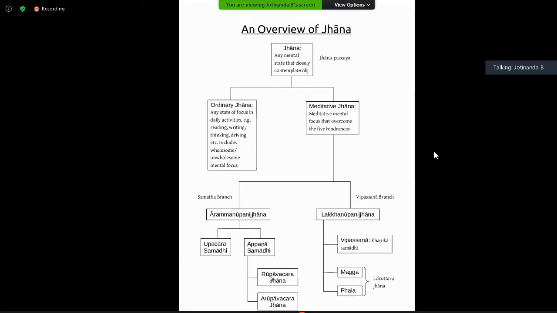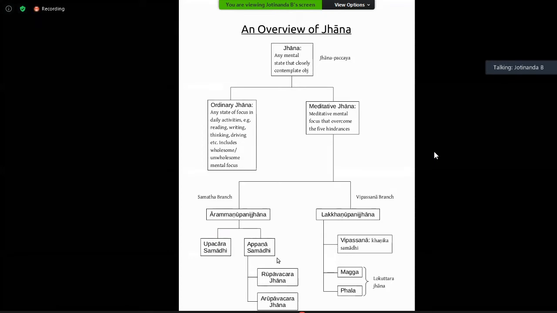So first there's rupavacara jhana. Rupavacara jhana is the one that you usually hear: first jhana, second jhana, third jhana, fourth jhana. In the sutta, it is four, and in the Abhidhamma, there's first, second, third, fourth, and fifth jhana, because Abhidhamma gives more detail.